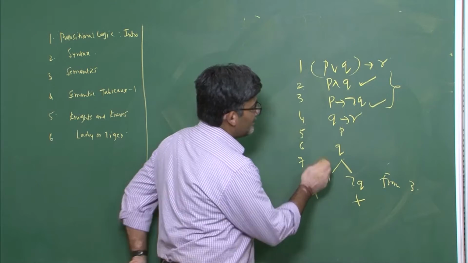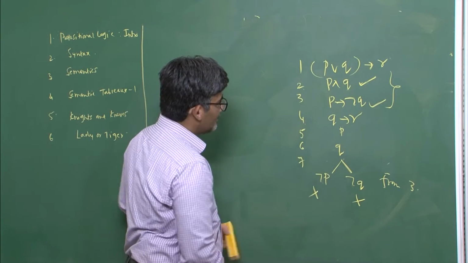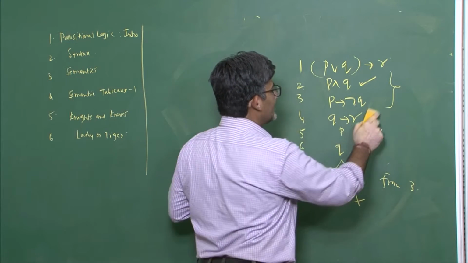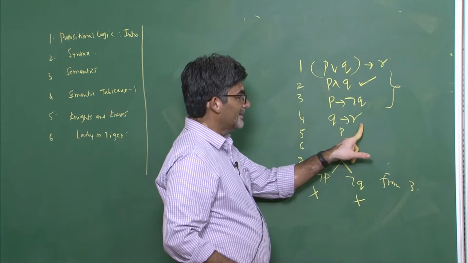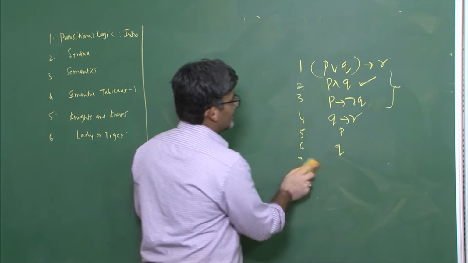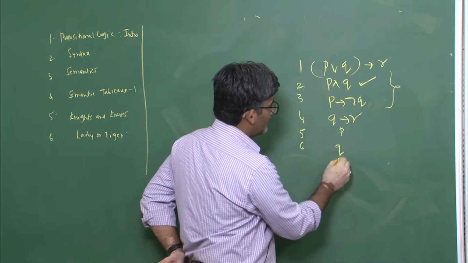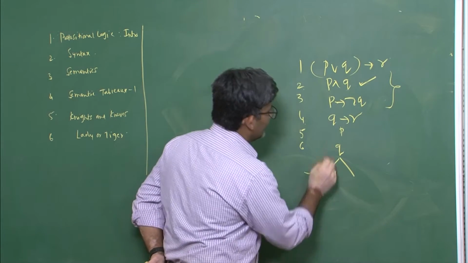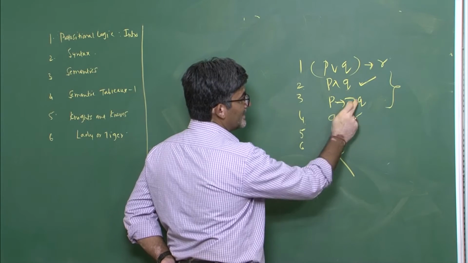For example, in the same kind of example, suppose instead of going into this one, I went to this formula. Then the proof will become a little bit lengthy. Now I am opening this formula instead of this.